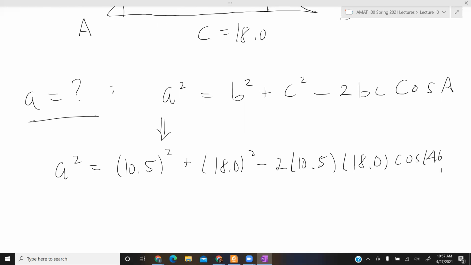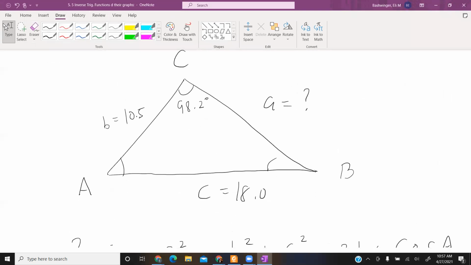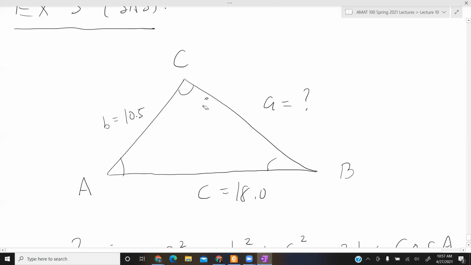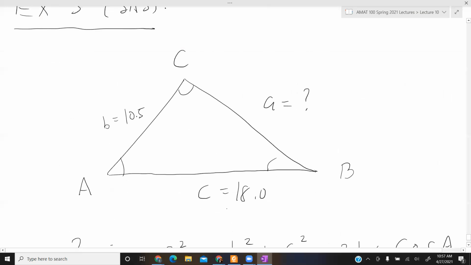Something's not right. Oh, I'm sorry. Angle C is not given. I made a mistake here. That's something we want to find also. What we are given is angle A, and that is 46.5 degrees.